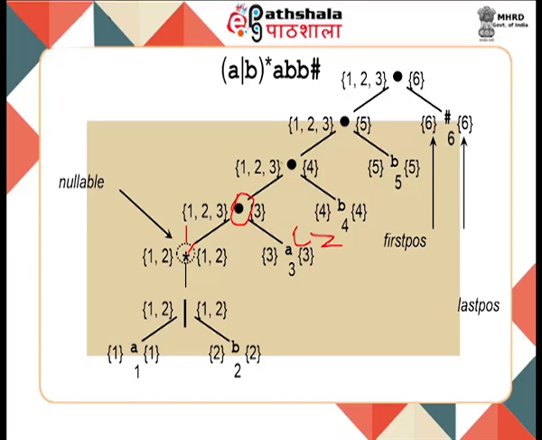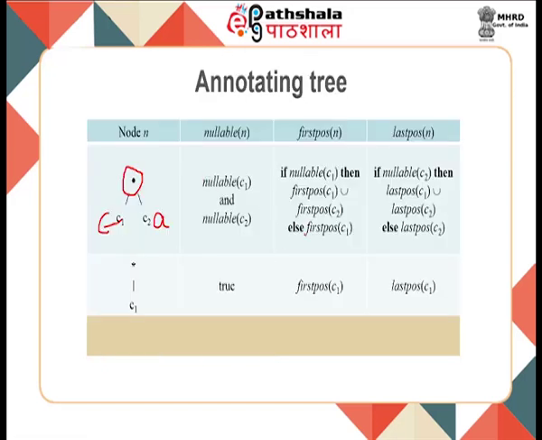Now for this interior node, C1 is not nullable. Okay. So if C1 is nullable, it is union of the two. If C1 is not nullable, then it is simply first position of C1 alone.